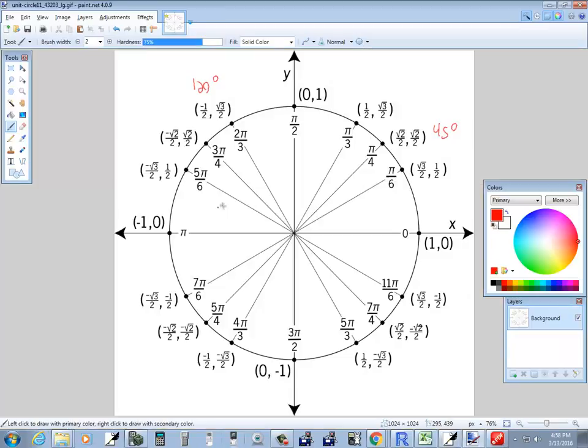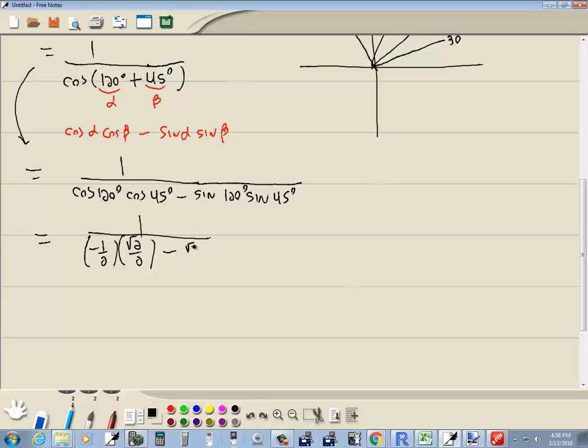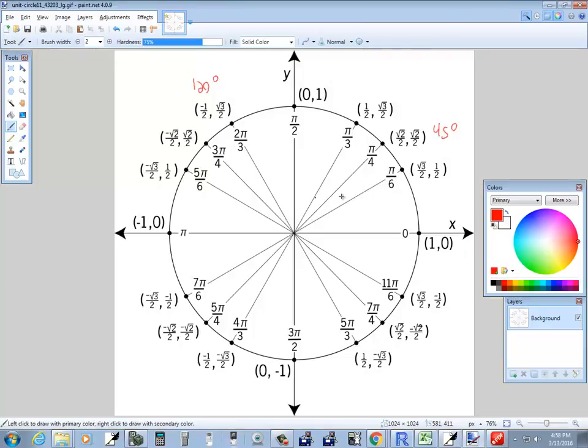Minus sine of 120 degrees. Sine is our y part, which is square root of 3 over 2. Times sine of 45 degrees. Sine is our y part, which is square root of 2 over 2.